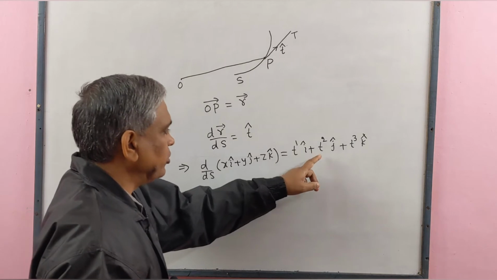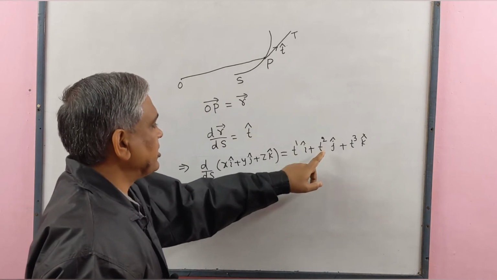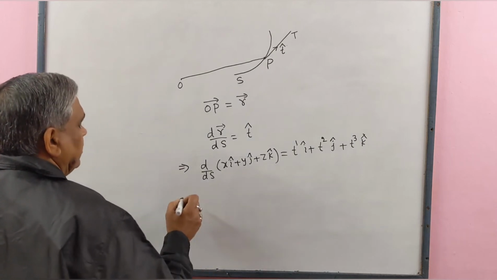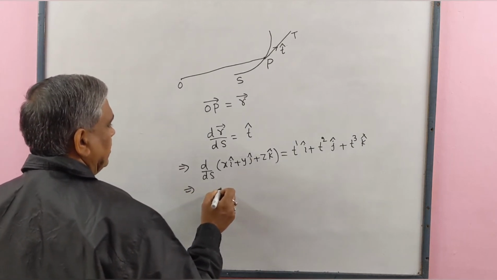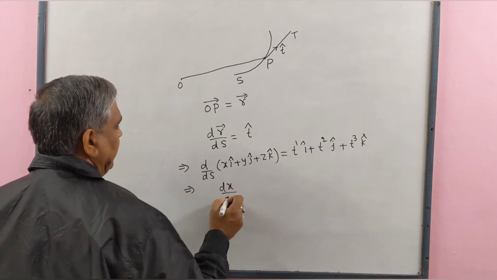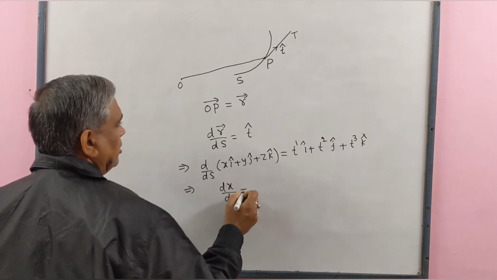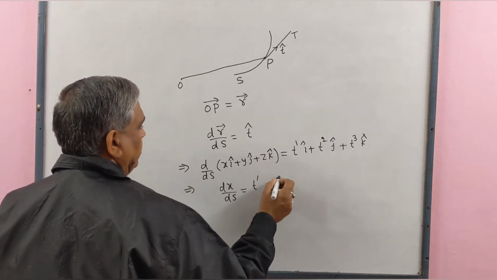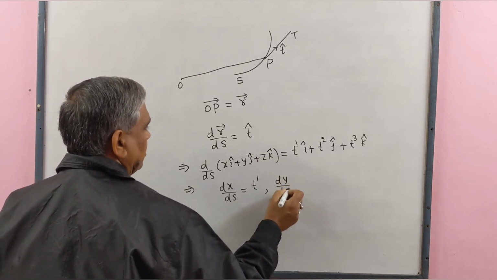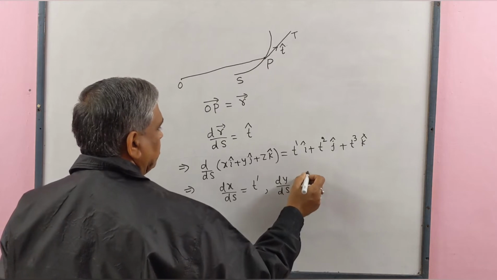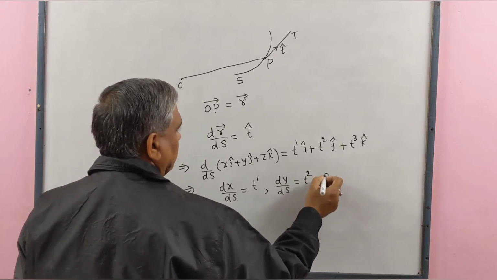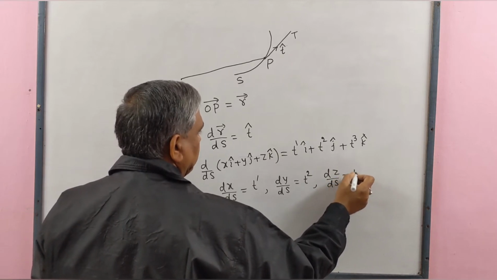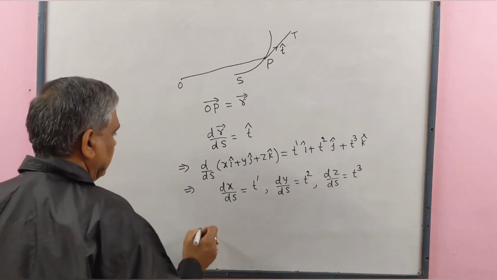This is not t square, this is the second component, this is the third component. This implies dx by ds equal to t1, dy by ds equal to t2, dz by ds equal to t3.